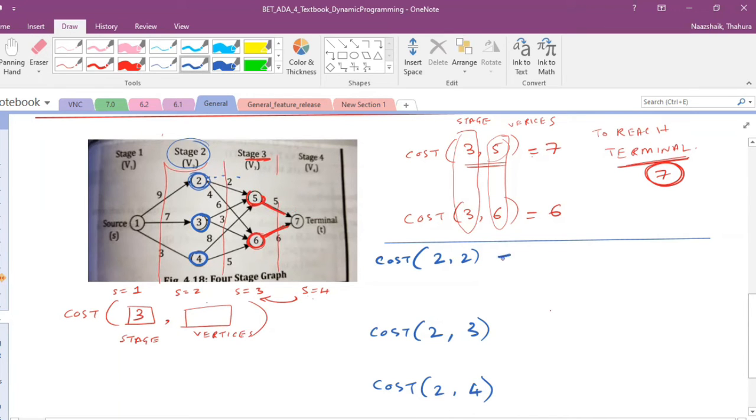Okay. So how do you find this cost to 2, right? So the cost to 2 is the cost from going from 2 to 5. So what do you have here? You don't have a direct path, right? You have different paths. So what you have to do, you have to find whichever is minimum. What is the minimum? Minimum of cost from going from 2 to 5.